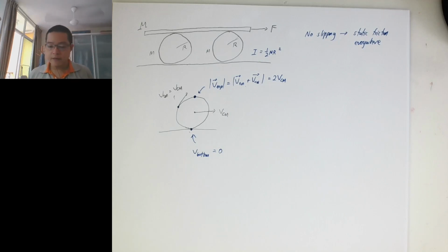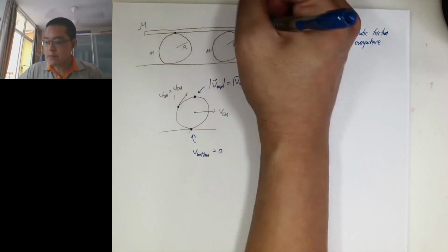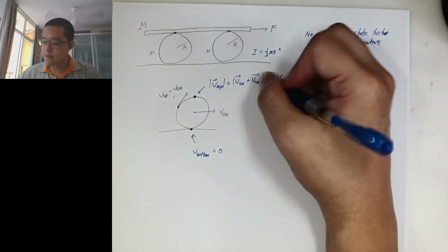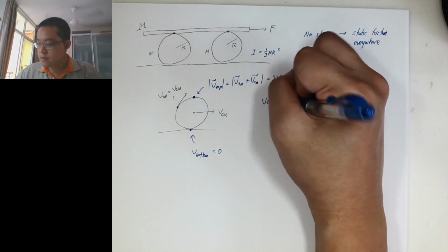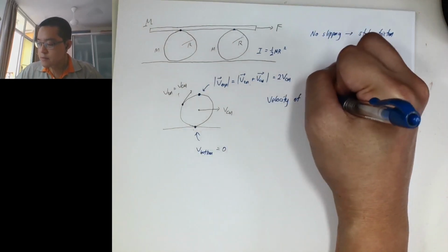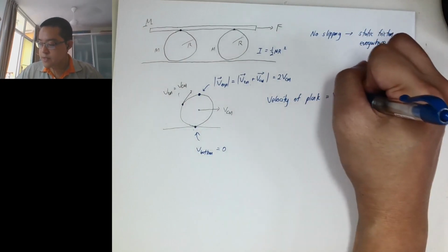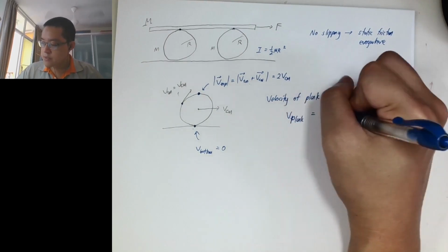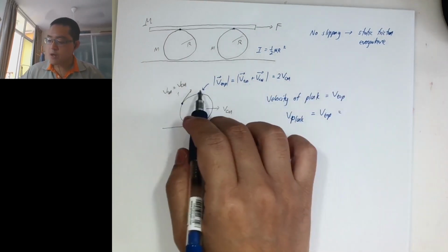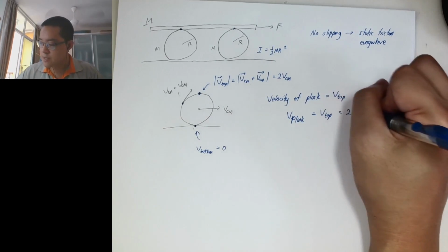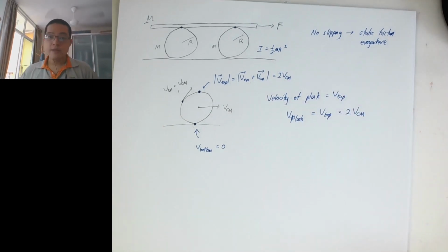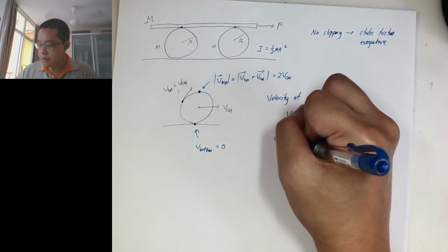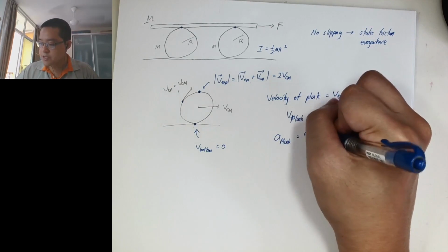Okay, so that is for the rolling cylinder. So how do you get the velocity of the plank? The plank is sitting on top of this part, and it's just dragging over the thing. Therefore, we conclude that the velocity of the plank is equal to the velocity at the top. So v plank is equal to v top, and v on top is just twice the velocity of the center of mass. That is for the velocity. How do you get the acceleration? The acceleration of the plank is obtained by differentiating velocity.